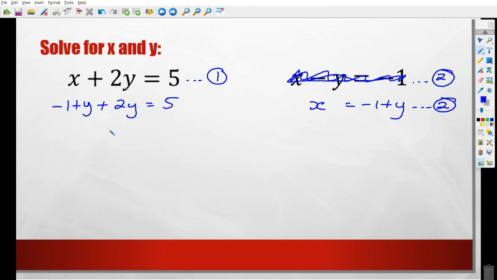Let's solve for y here. It's going to be 3y. Take the negative 1 across, it becomes positive 1. We've got 6, so 3y is equal to 6. Divide by 3 on both sides, y is equal to 2. Now I know what y is, so I can find x. x is equal to minus 1 plus 2, which is 1.